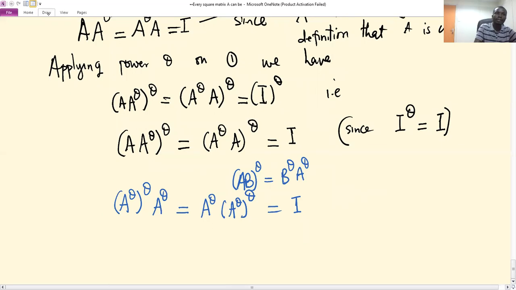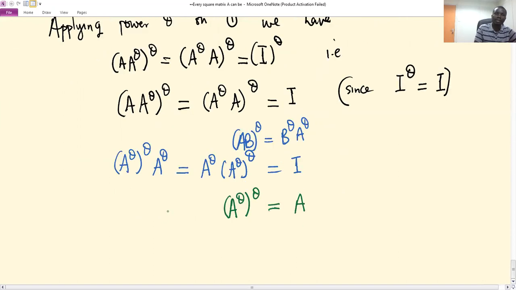Now we also know that A power theta power theta is given by A. So this will be A times A power theta equals A power theta A equals the identity matrix.